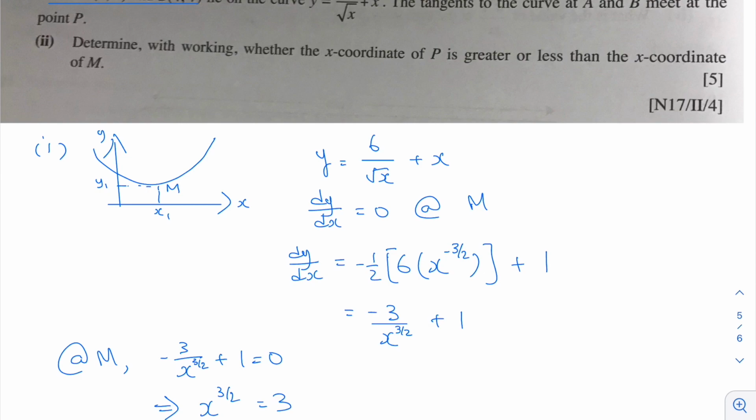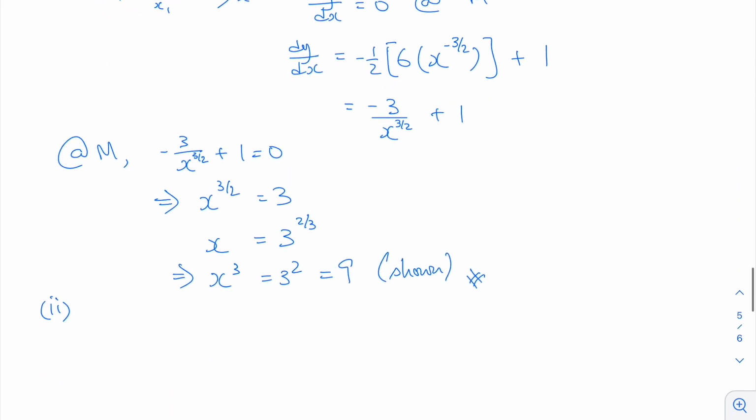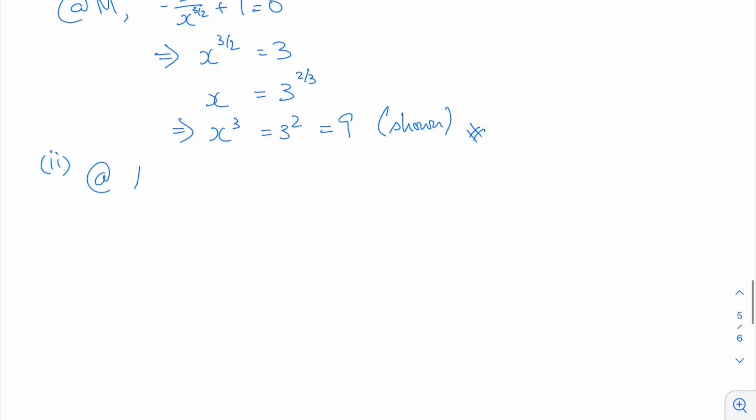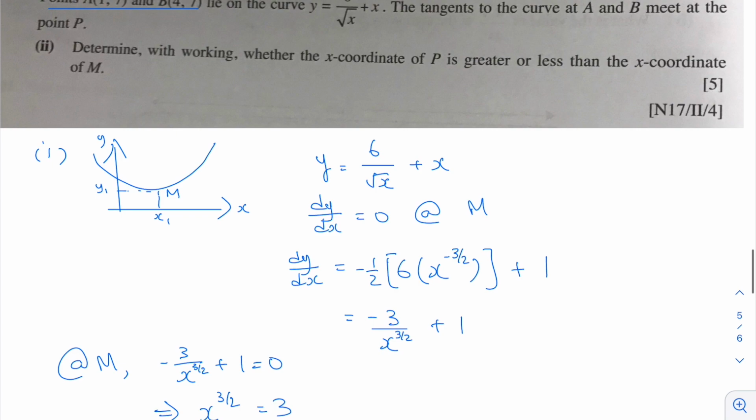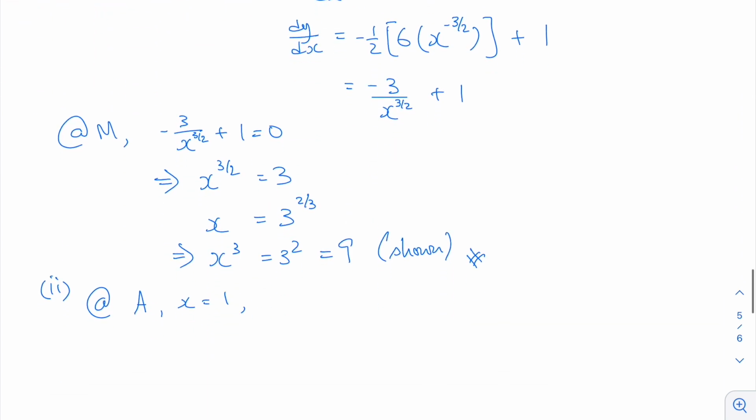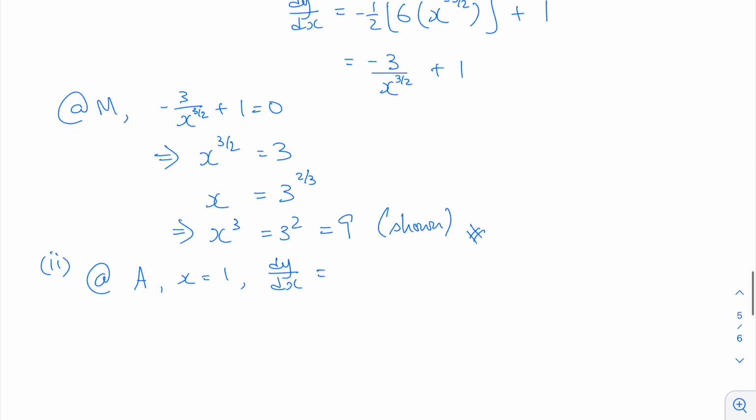So we already have the first derivative, the gradient function. At point A, x equals 1. Therefore, the gradient is negative 3 plus 1, which is negative 2.